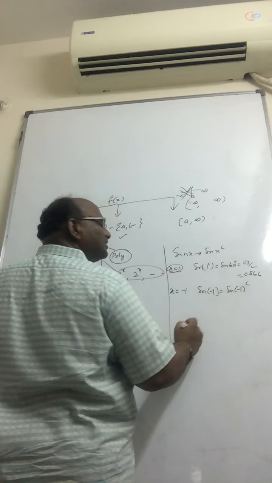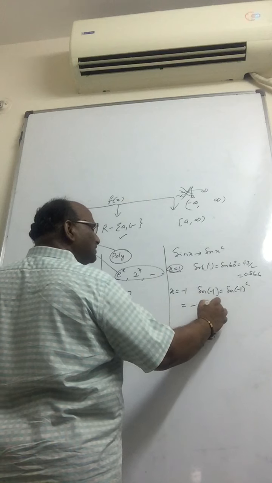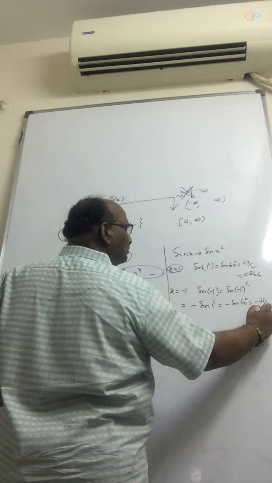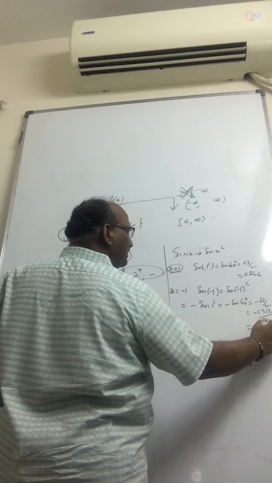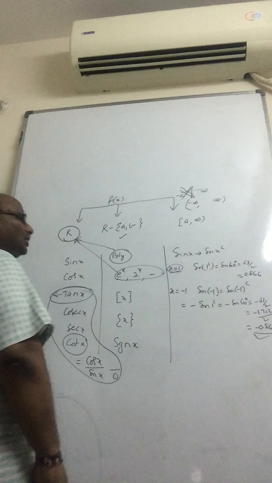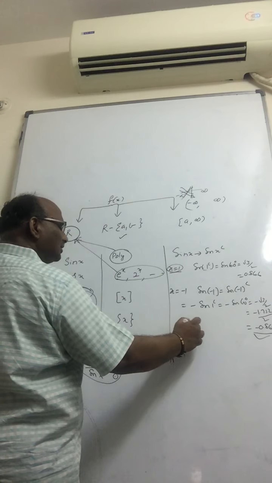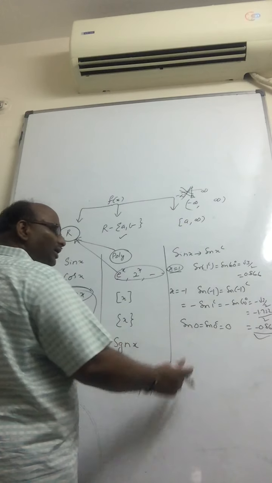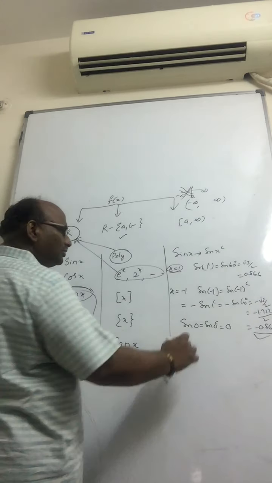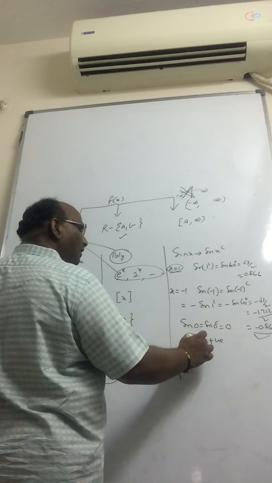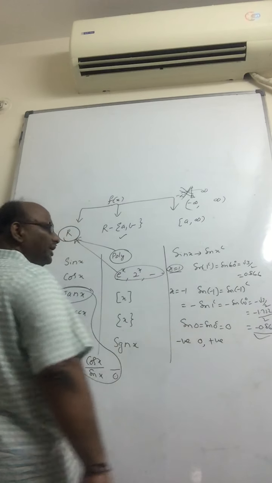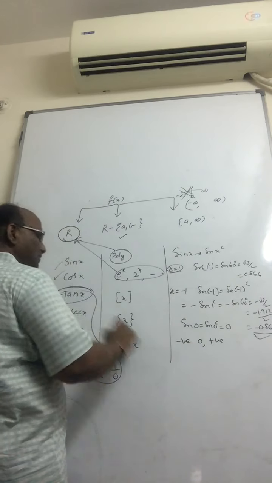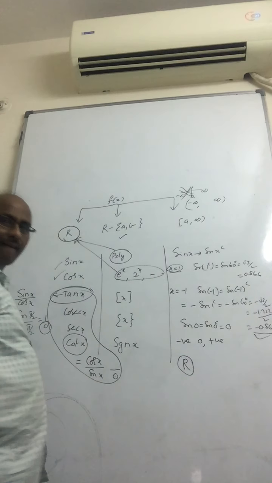Sin minus 1 radian is minus sin 1 radian, roughly minus sin 60 degrees, minus root 3 by 2, minus 0.866. It also has a value. Sin 0 radians is 0. That means we have only the number system: negative, 0, positive. For positive numbers we don't have trouble. For 0 we don't have trouble. For negative we don't have trouble. So the domain of sine and cos is real numbers.